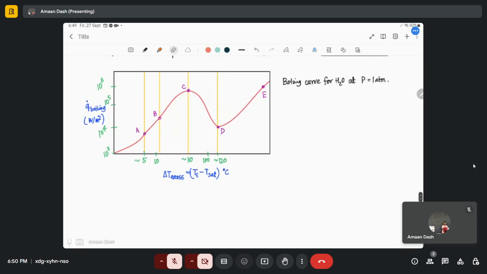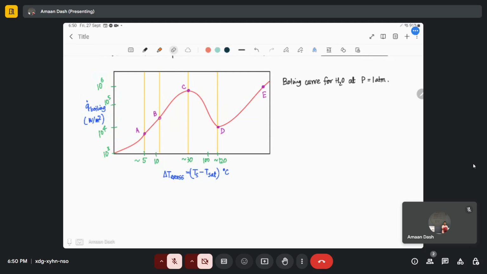Correct? And also one more thing you can remember in this curve is that this nucleate boiling is the most desirable regime in practice, because very high heat transfer rates can be achieved within this particular regime.